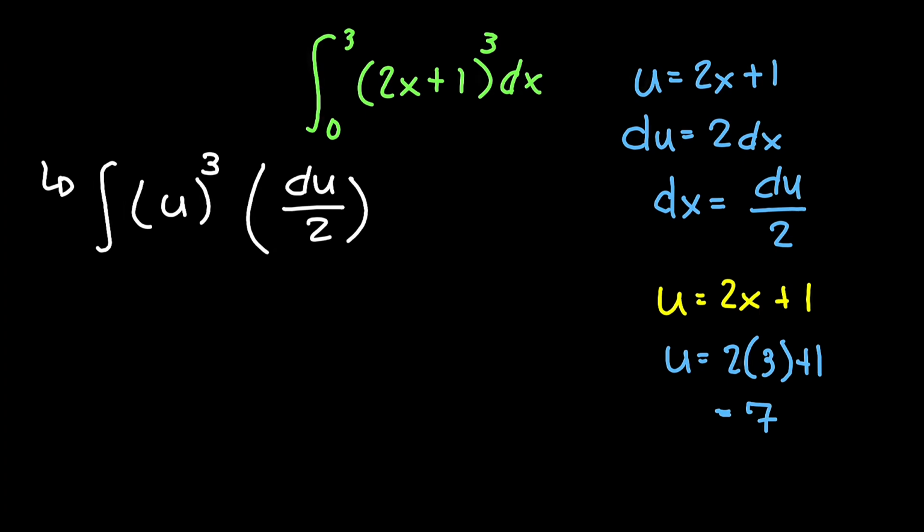So the upper limit would be 7 now. And for the lower limit, which is 0, 2 multiplied by 0 plus 1. So it would be equal to 1. So this is the brand new upper and lower limit, which corresponds to the u substitution.